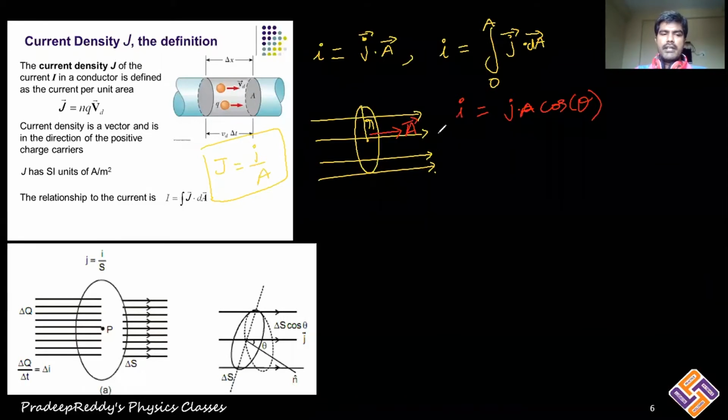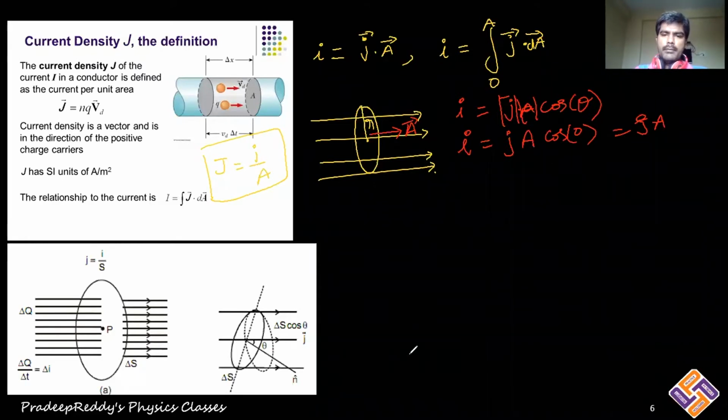Because current density is a vector quantity, J bar and A bar are vectors, so you need to take the angle between them. Here usually the angle is 0 because both are parallel with each other. So current I can be written as J A, where this is cos 0. You can denote it with small j or capital J. That is not a big deal.